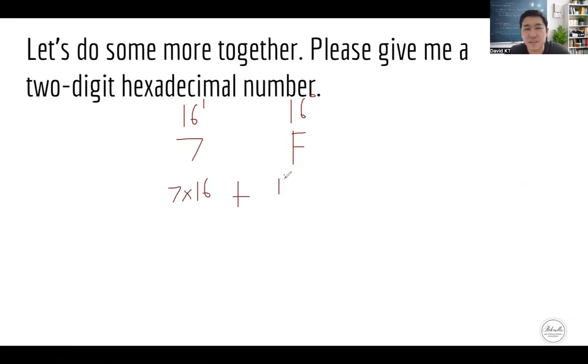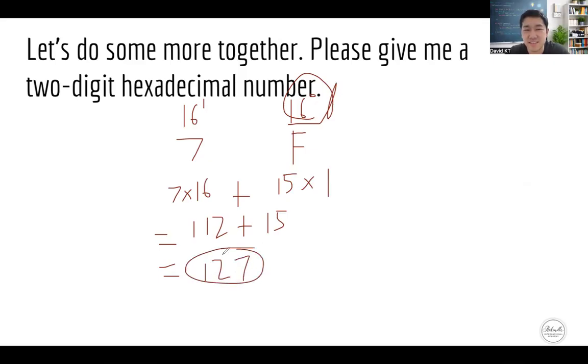F is 15. 15 times 16 to the 0 power, which is what? 1. So then we get 7 times 16, which is what? 112 plus 15, which becomes 127.